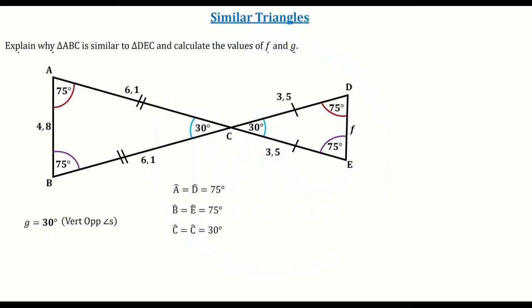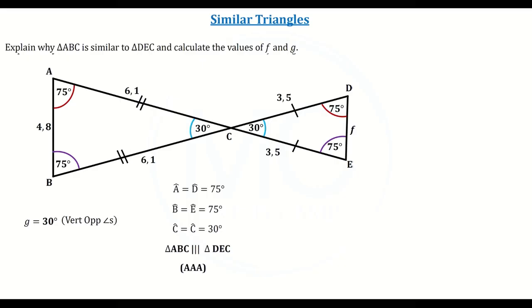Now we can see that angle A is equal to corresponding angle D, angle B is equal to corresponding angle E, and angle C is equal to corresponding angle C as well. So we know that triangle ABC is similar to triangle DEC. We have used corresponding angles to prove this. So as our reason, we write A.